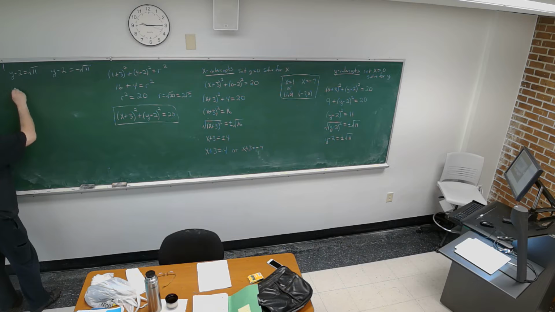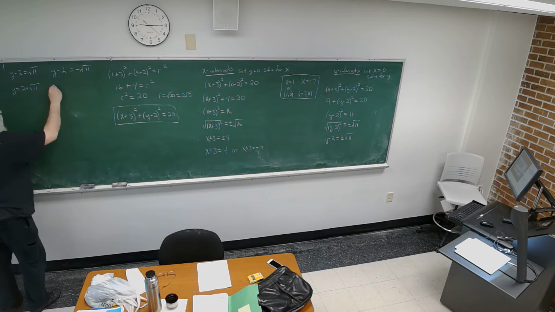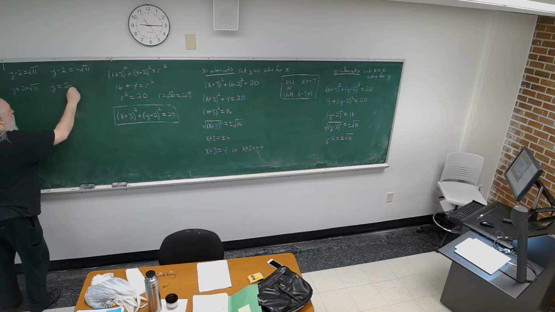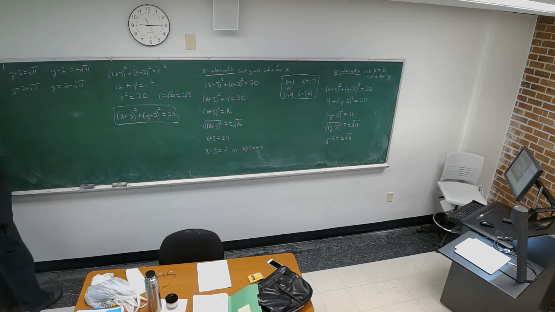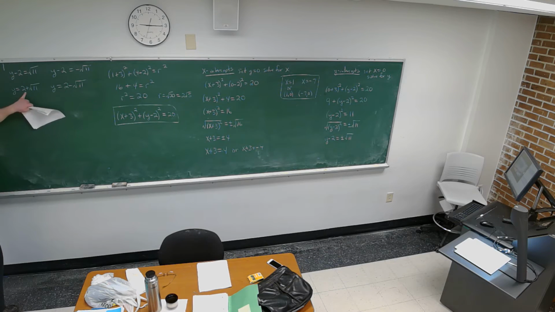Adding 2 to both sides, we get y is equal to 2 plus the square root 11, or y is equal to 2 minus the square root 11. You can't reduce that. 2 is a rational number, square root 11 is an irrational number.